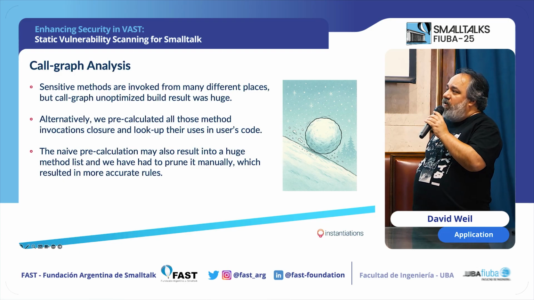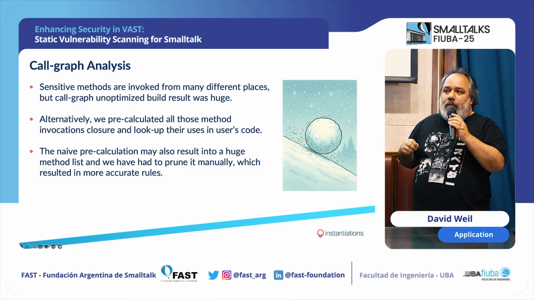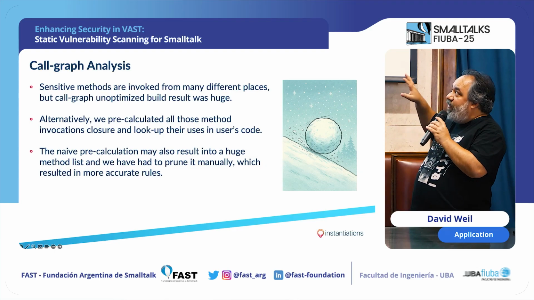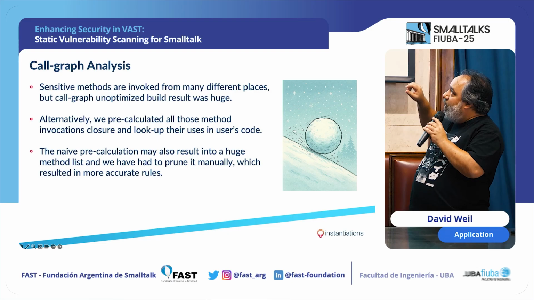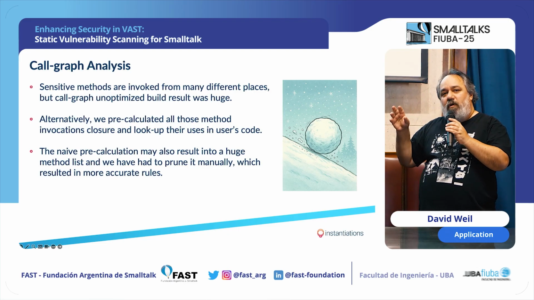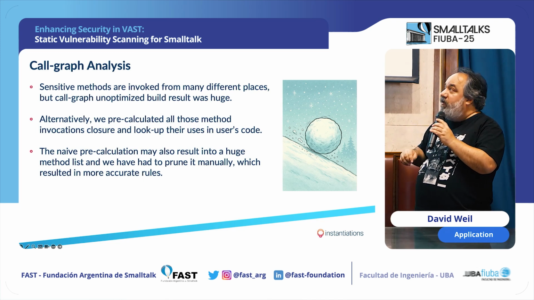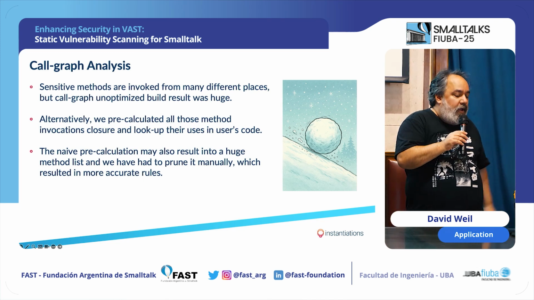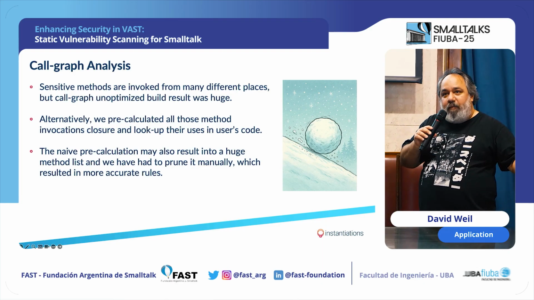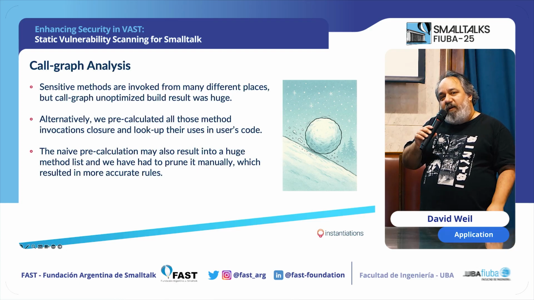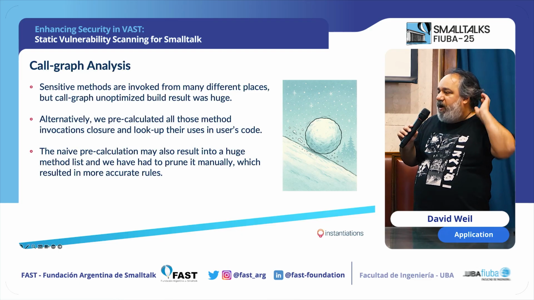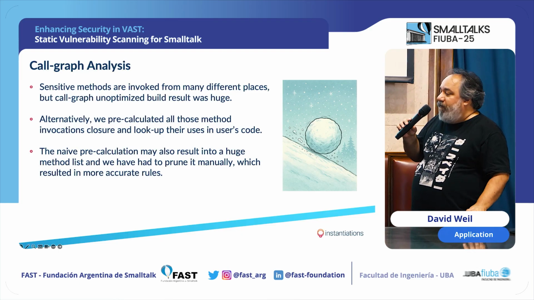Also, all these heuristics we applied to discard parts of the graph were applied in the rules in order to discard false positives too, because they also apply to user invocations of those functions. With that, we have a version of the scanner that scans all the code and leaves no function directly or indirectly invoking sensitive functions away. So it was good enough for what we were looking for.